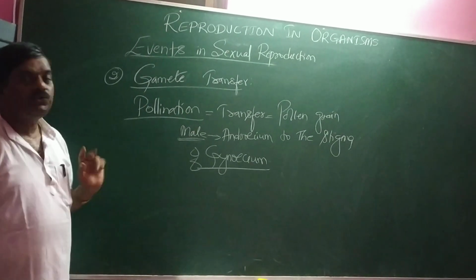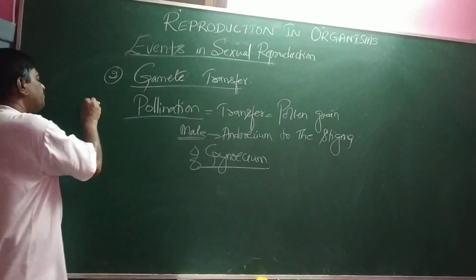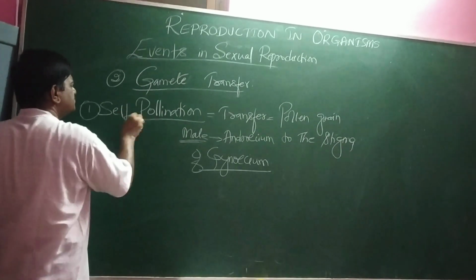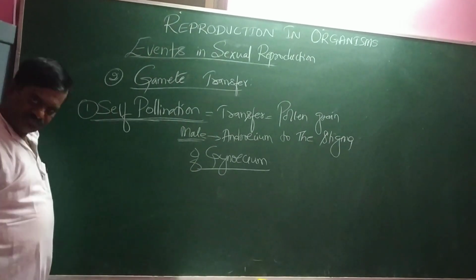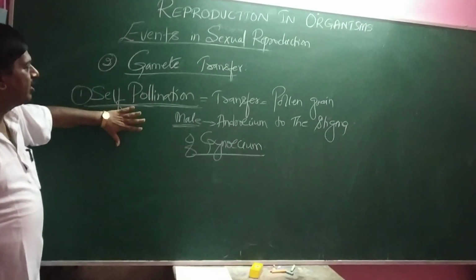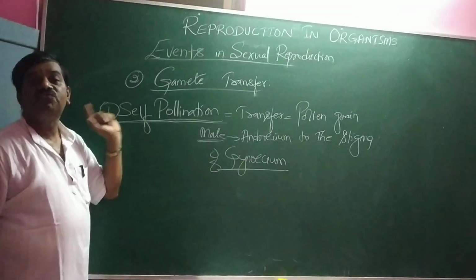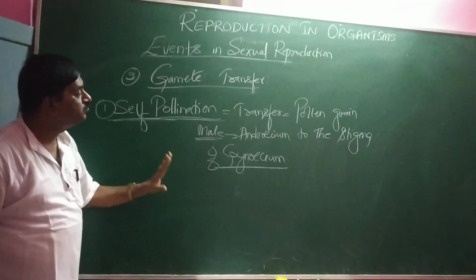Here there are two types of pollination. The first one is called self-pollination. The meaning of self-pollination: here the flowers are always bisexual.